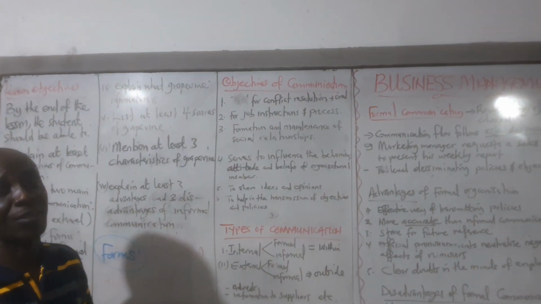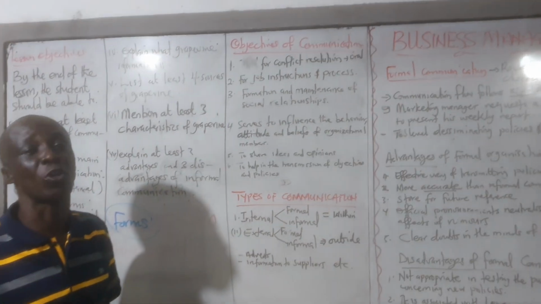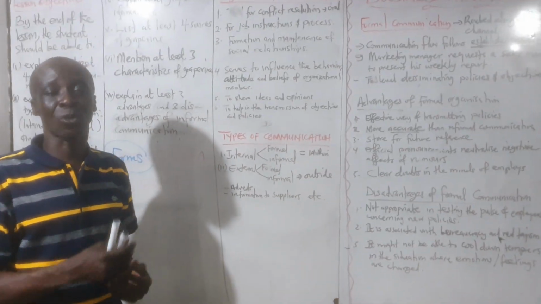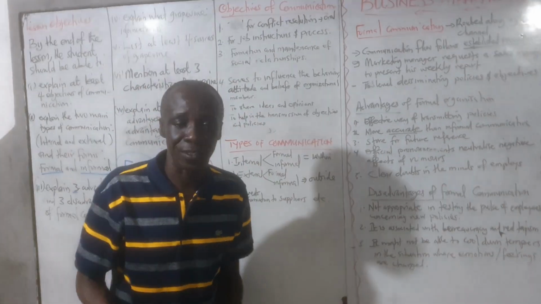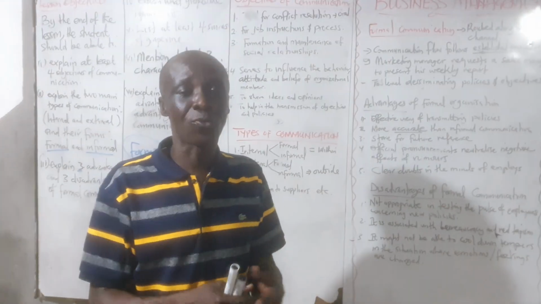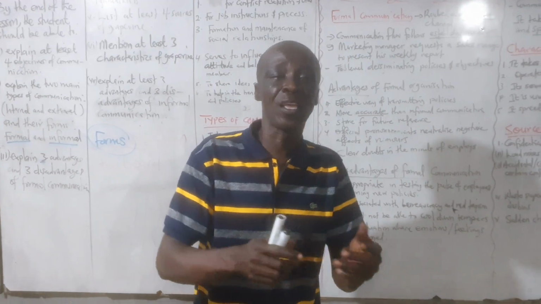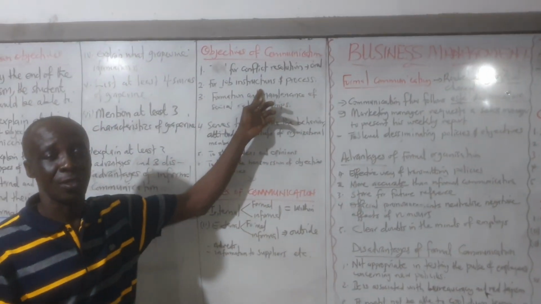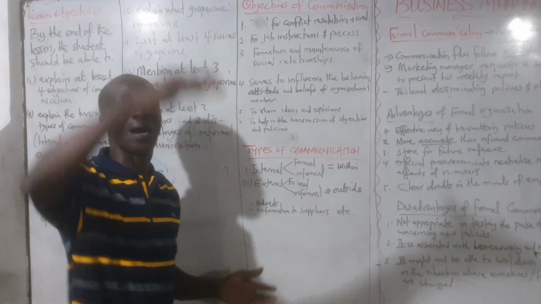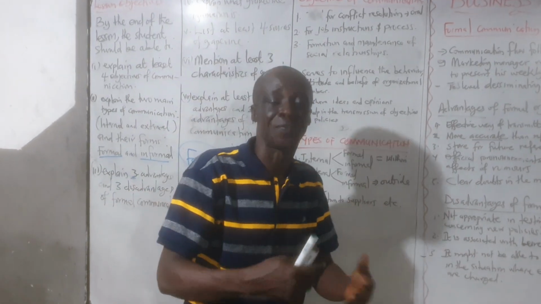The first one is that communication is used for conflict resolution. When there are conflicts in the organization, those conflicts are resolved. When you say resolved, it means you solve them through communication. If there is rancor, if there is friction, if there is any dispute among the workers or between one worker and another, or between management and workers, such conflicts must be resolved.